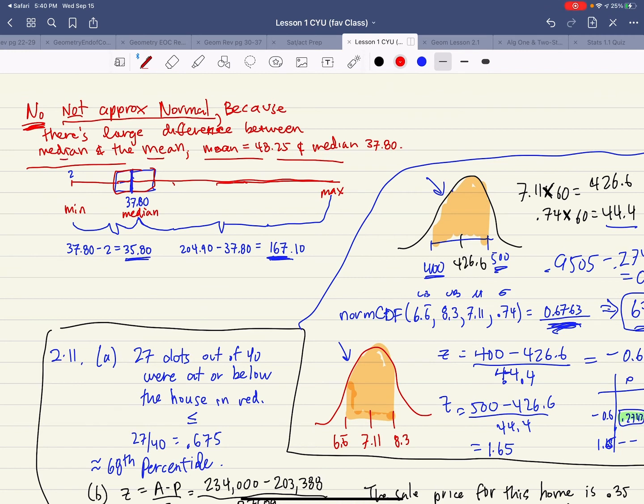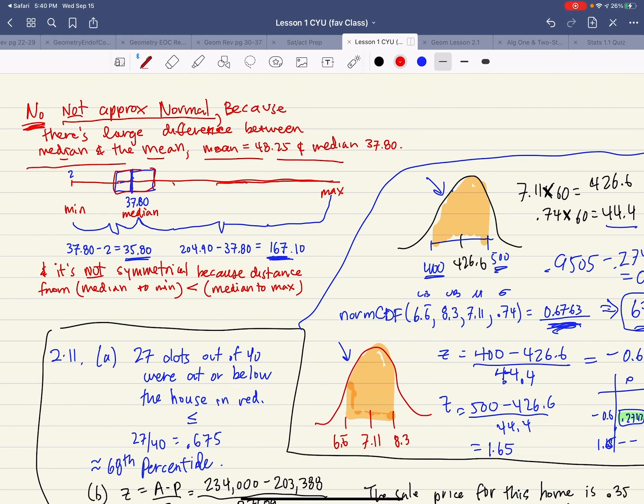There's a big difference between the median and the mean, and it's not symmetrical because the distance from the median to the min is lots less than the median to the max. It definitely doesn't do 3 nice flaps.